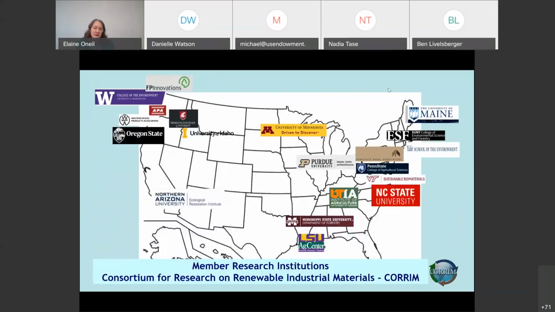Essentially, Quorum is a nonprofit research organization. Right now we have about 20 members, mostly universities that have wood products research as a component of their program. Each one of these institutions is going to have a different skill set.